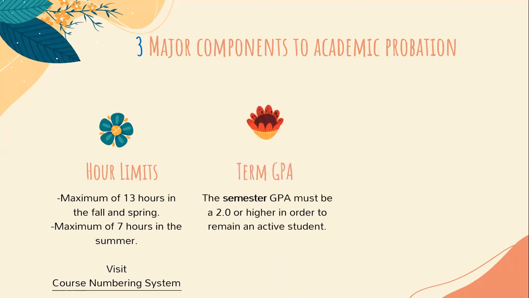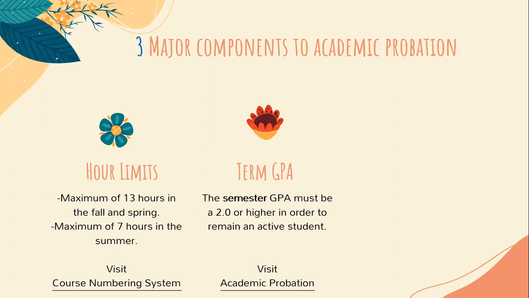Now, once you've registered for the semester, then the average of the grades for that semester is going to determine whether or not the student remains active. So it is the semester GPA that must be a 2.0 or higher in order to remain an active UTSA student.